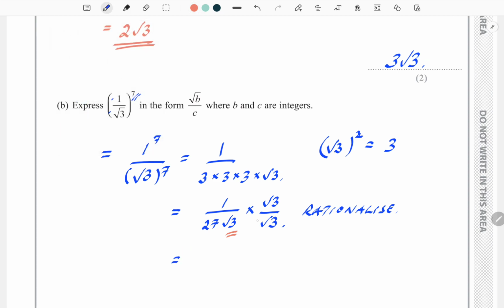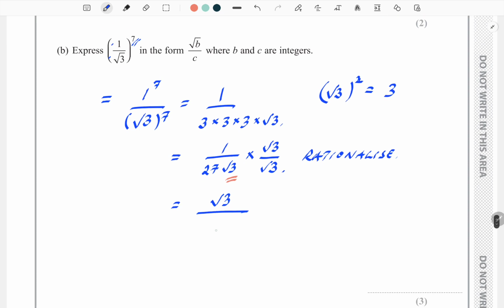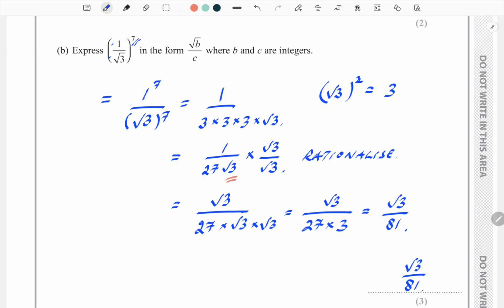So effectively what you have is root 3 on the numerator, and then you've got 27 times root 3 times root 3, and that comes out to be 27 times 3, and that is root 3 over 81. I hope that has made sense. There we go.